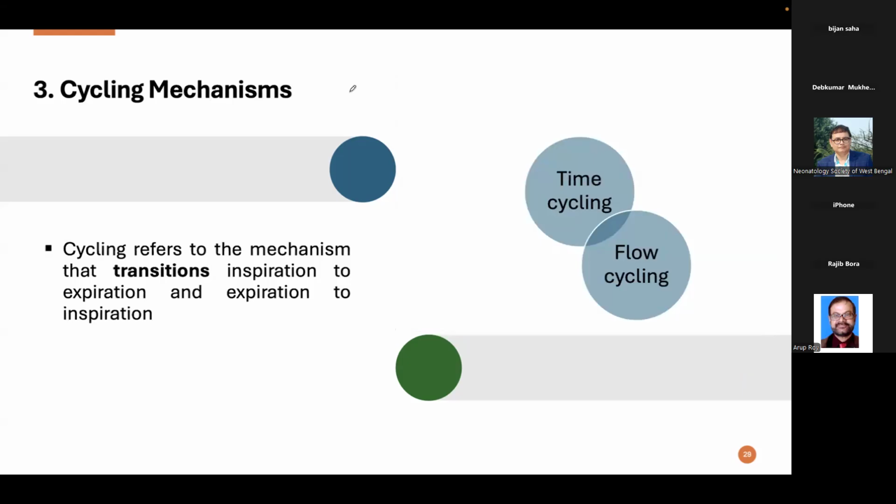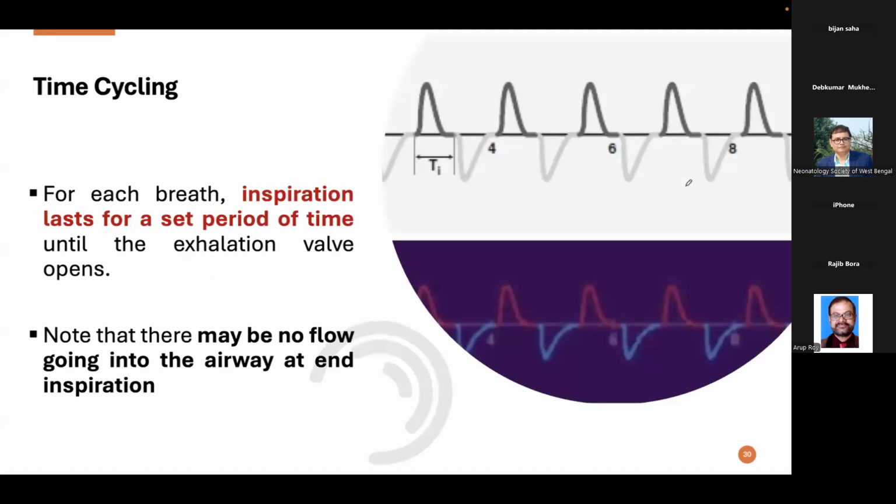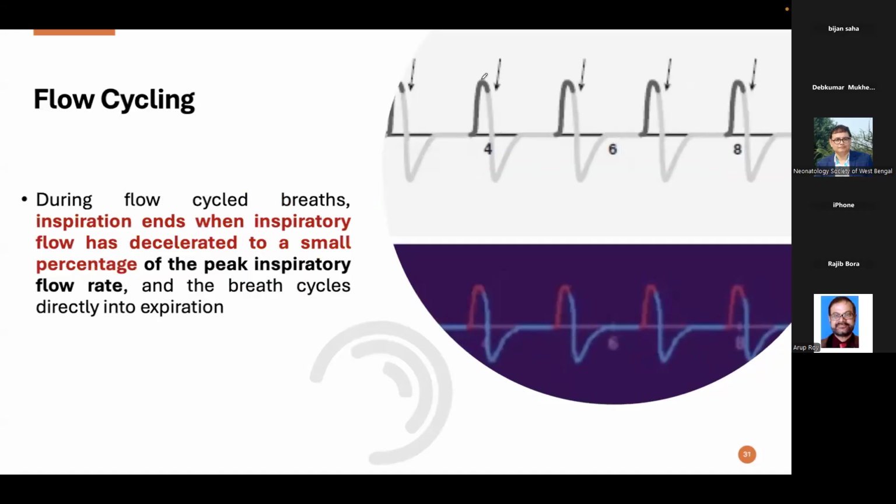Now, by looking at your flow time curves, we can also know what the cycling mechanism is. These have all been dealt with in the previous lectures: your modes, your triggering, your cycling. It could be either time cycle or flow cycle. In time cycle, inspiration has to happen for a set period of time, a set TI. In flow cycle, there is no such thing.